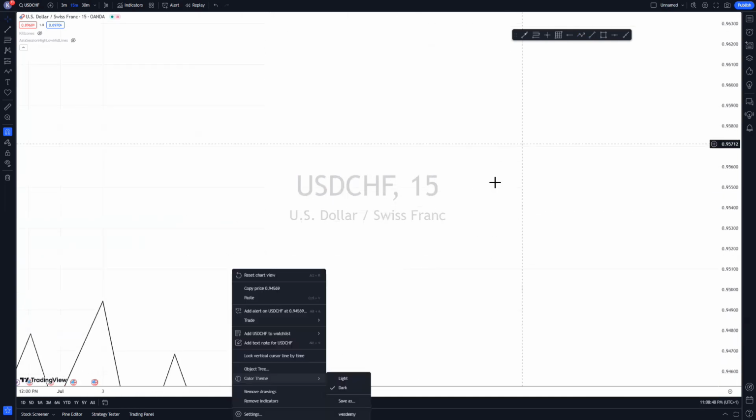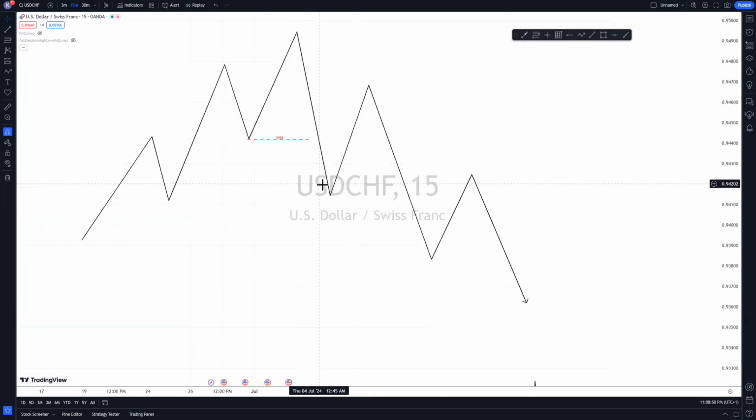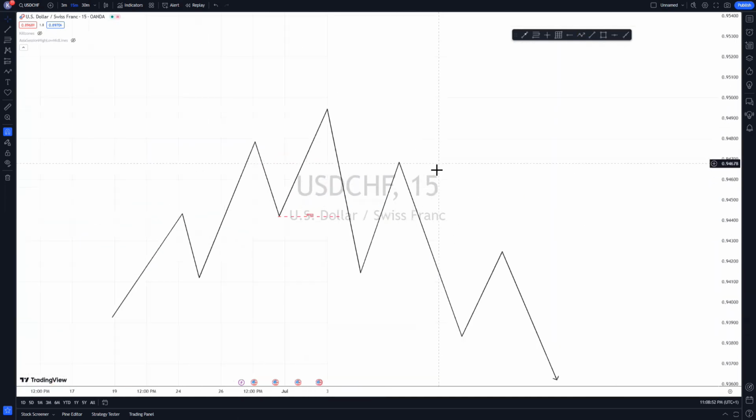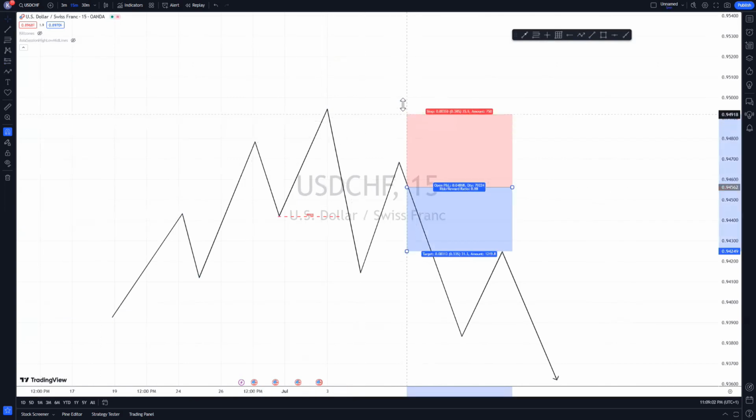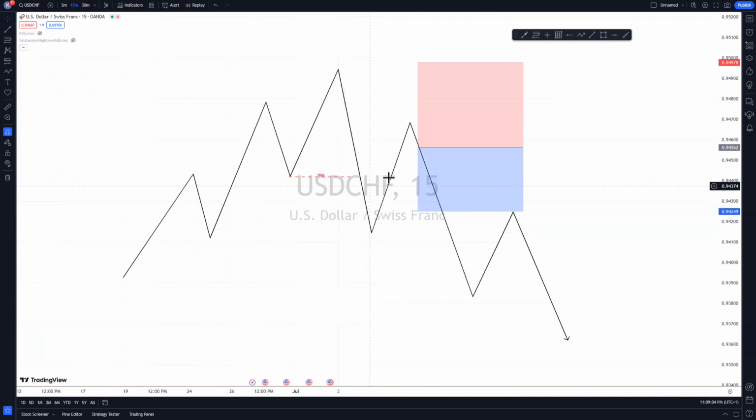Like I explained previously, it could just be a liquidity grab and then price can still keep on going bullish. But an aggressive entry is you taking short positions on the retracement after the market structure shift.